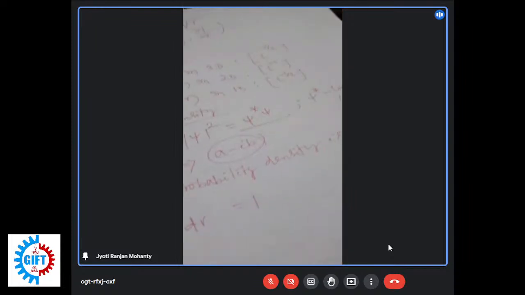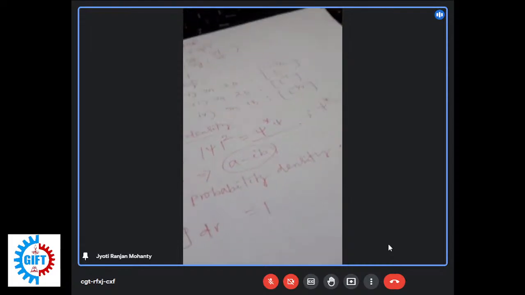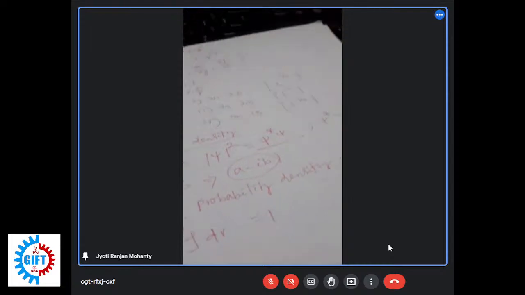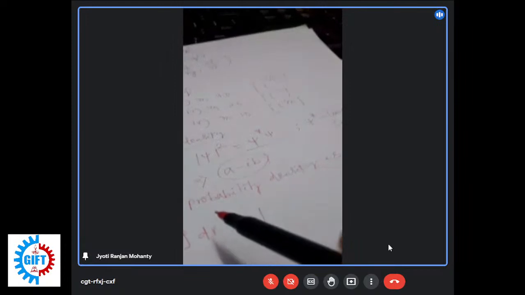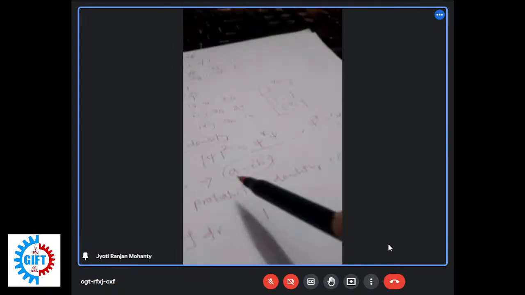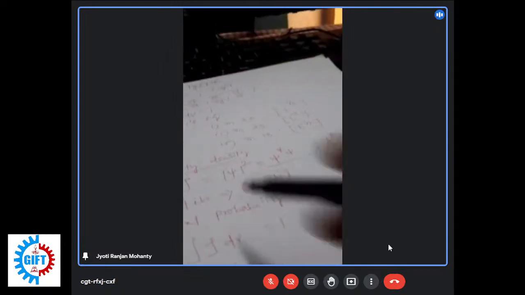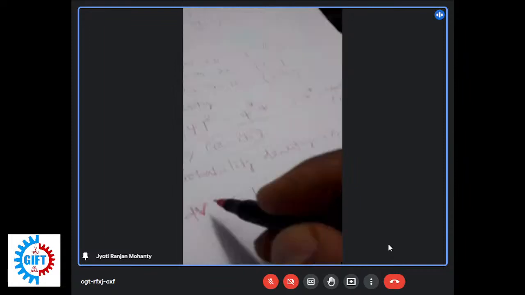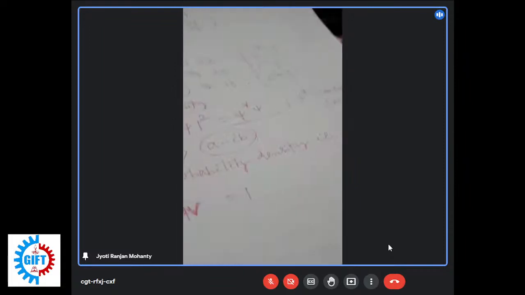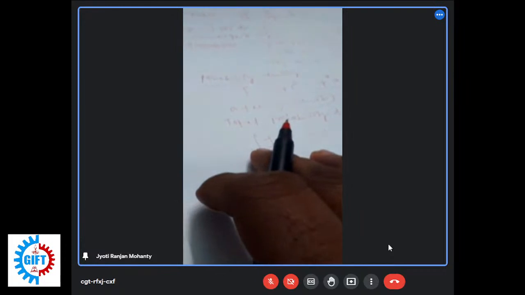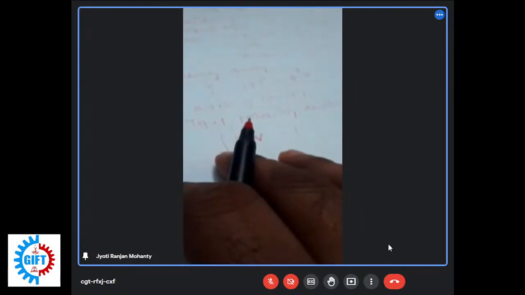You remember, the total probability will be always 1 or 100%. So in quantum physics, you find the probability density, and if you integrate with dv, the right hand side will be 1. So it is known as total probability density.